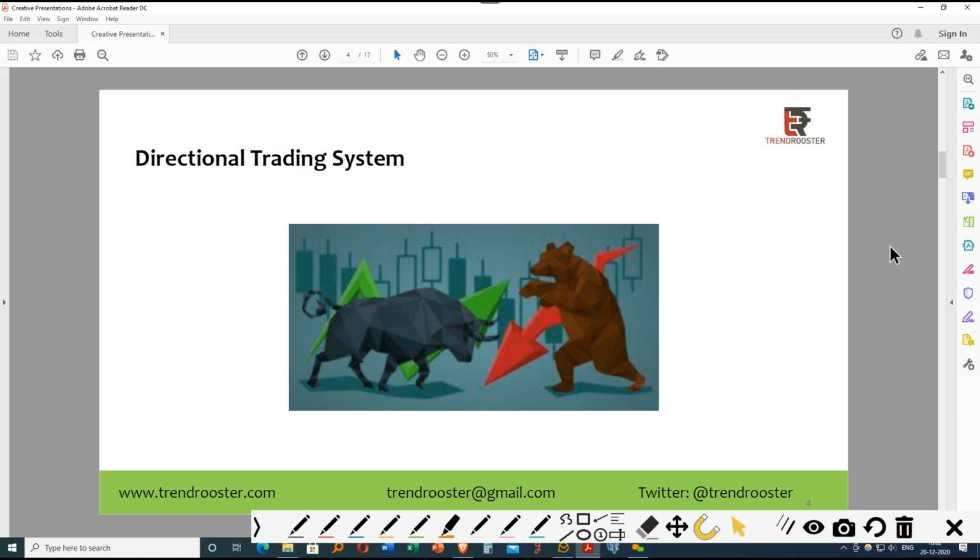Typically, many people, the moment they join trading, first go for directional trading systems. Directional means they find the trend, the entry, then moving averages, support and resistance, price action, noiseless charts, so many things.